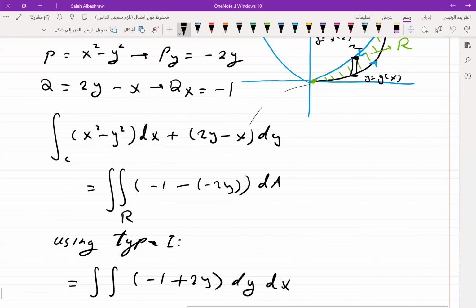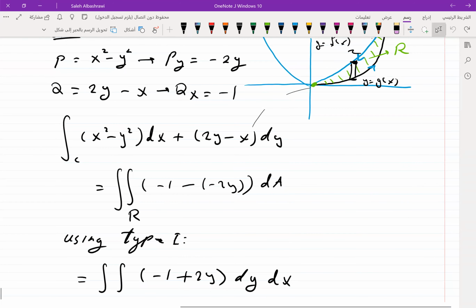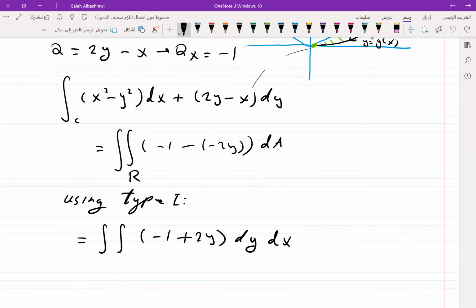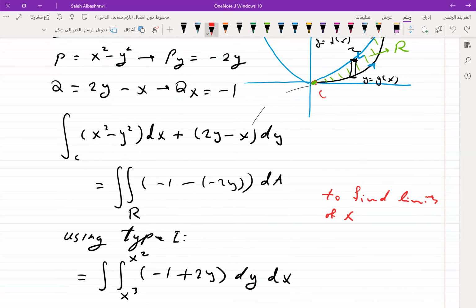Now, for the limits of y, the lower function is x to the power 3, and the upper one is x to the power 2. To find the limit of x, we know this point is 0, 0 down.